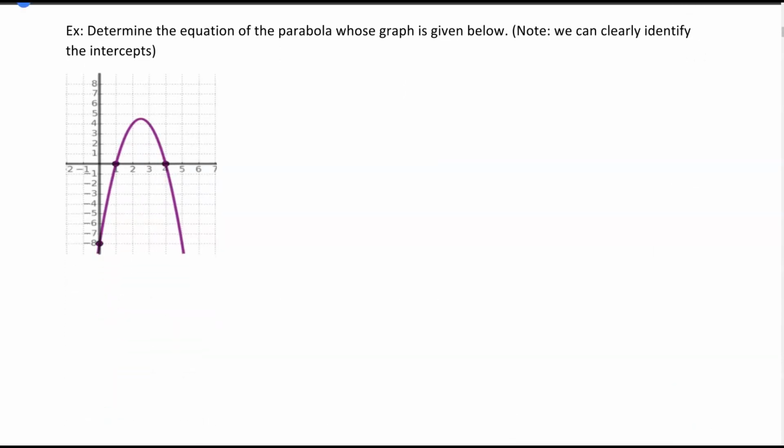So determine the equation of the parabola whose graph is given below. We can clearly identify, in this case, the intercepts. So let's go ahead and take note of everything we can gather from the graph here. So here we know that we have x equals 1 and x equals 4 as our x-intercepts.